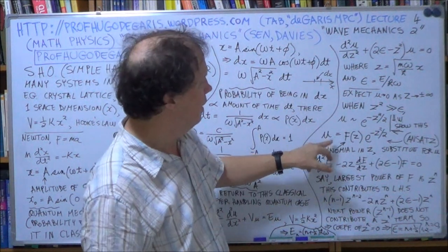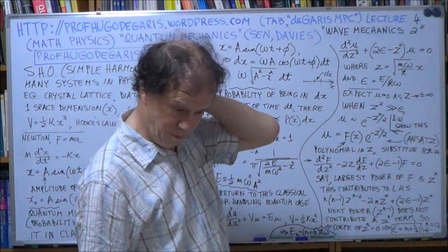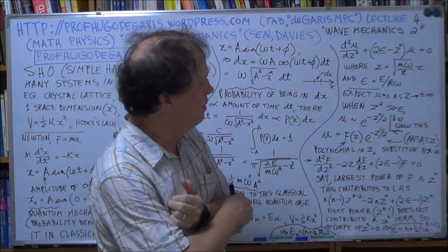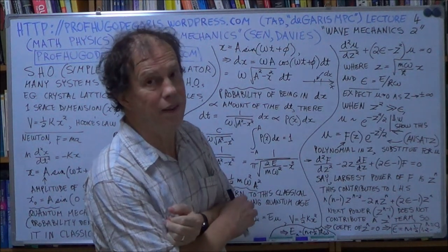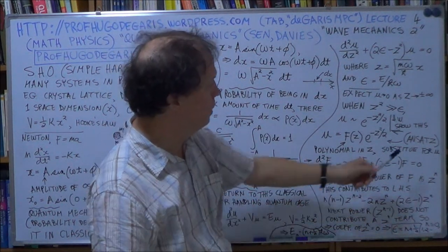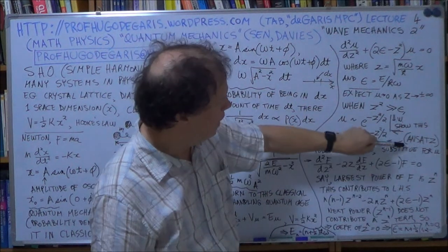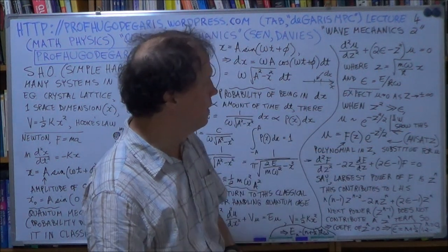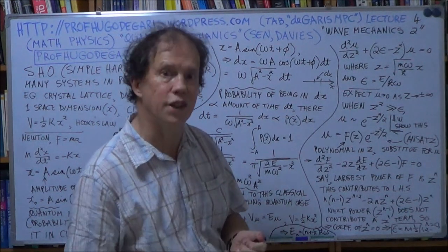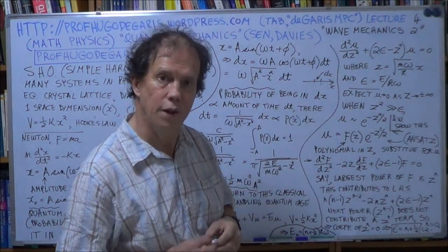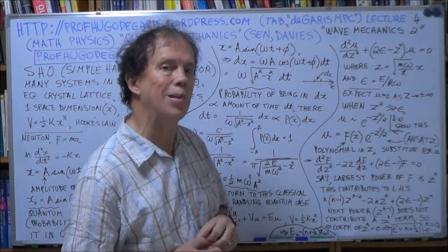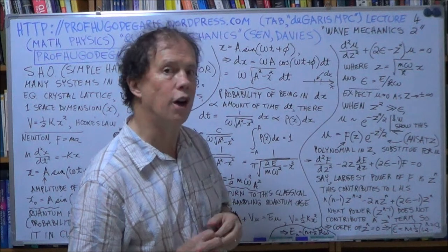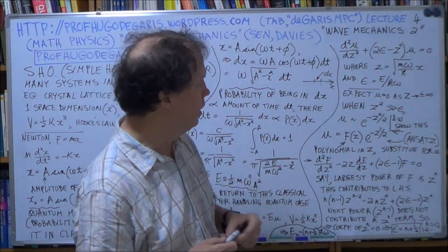Now there's a German word for a guesstimate, and it's used a lot in physics and math, and it's called an Ansatz, A-N-S-A-T-Z. An Ansatz is just a trial function, a trial solution that you think probably will work. You're not certain, but it's worth a try, so you put it in.